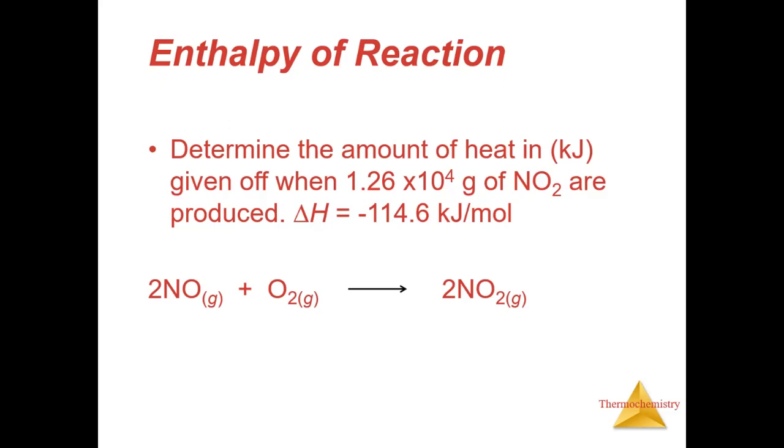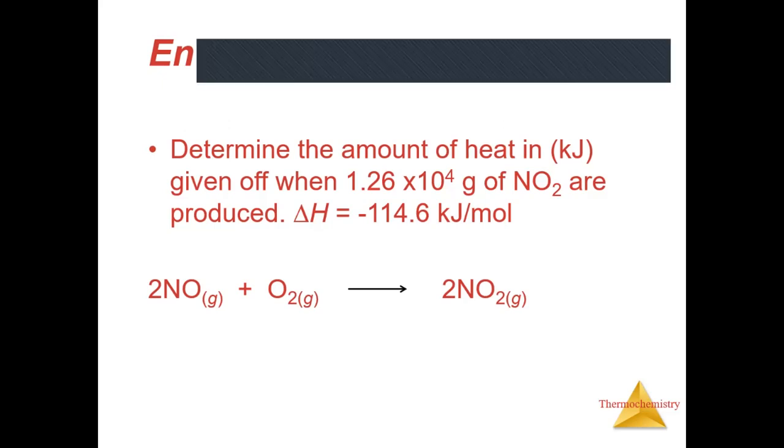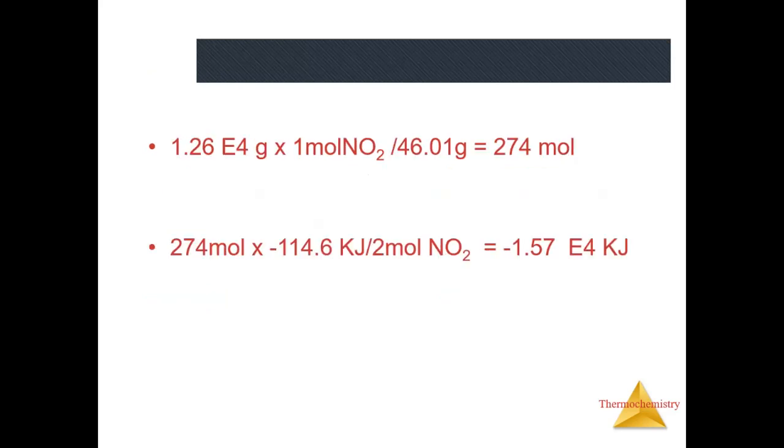Now, once you have the moles, if I want to find kilojoules, what am I going to do? Multiply it by the kilojoules per mole that it gives you in the equation. Almost. How many moles of NO2 are produced? Oh, so there's 2, so you'd have to account for that. So you'd have to put that in your moles on the bottom.